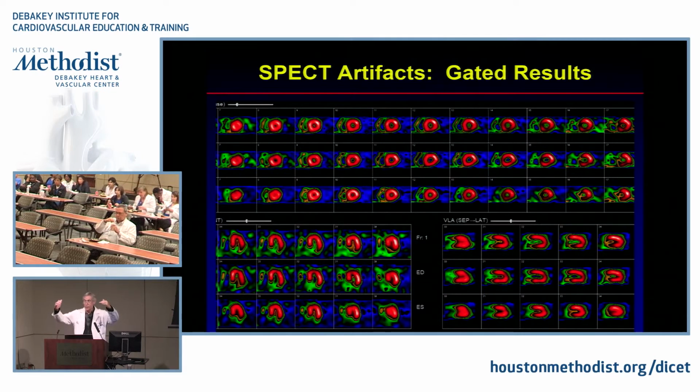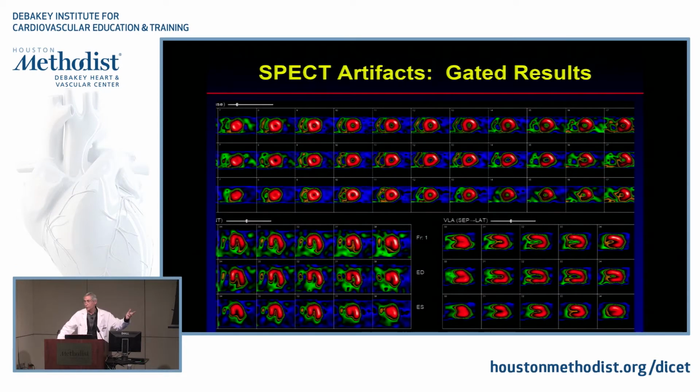But remember that the heart sits kind of in the belly of the diaphragm. And so if you still have the upper edges up and the heart sitting in the belly of that diaphragm, you're going to still get that same artifact. So the best way to really see if it's real or not is to change positions. Defects that change with positioning are not real. Okay, that's a take-home message.